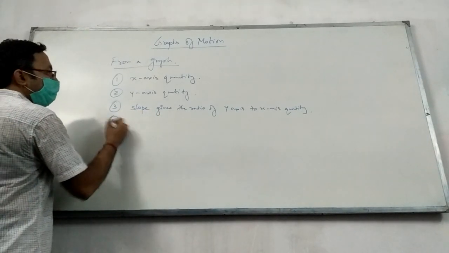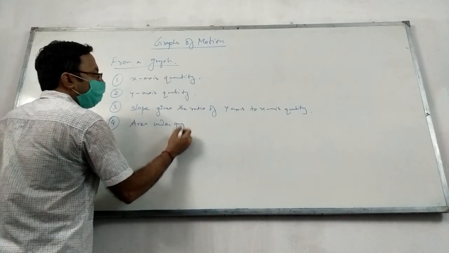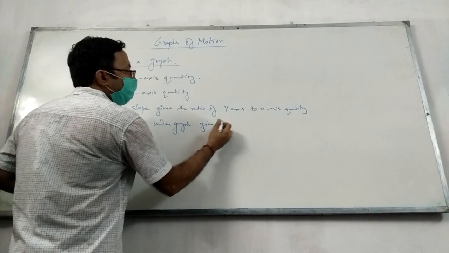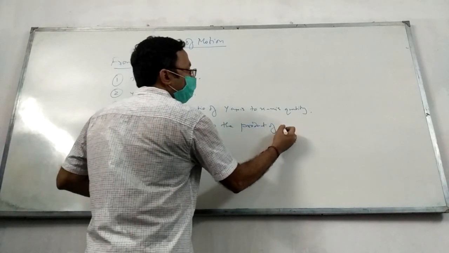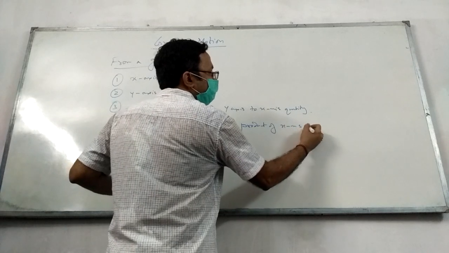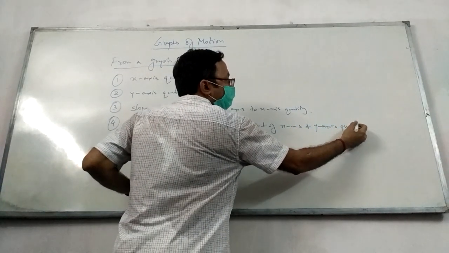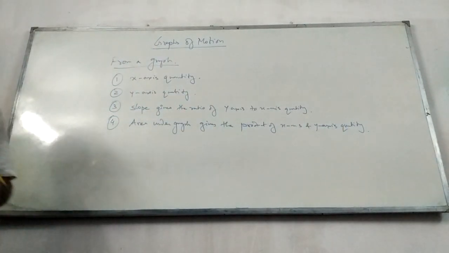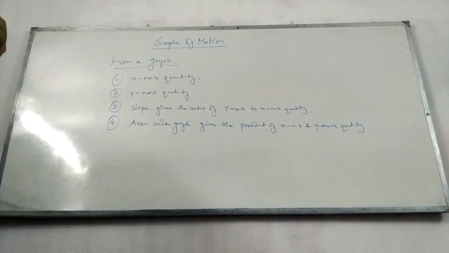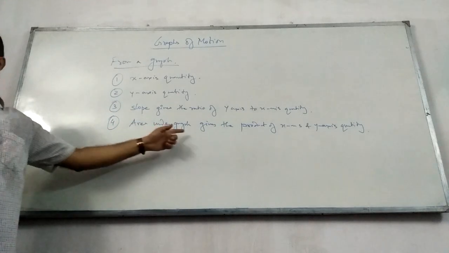And area under the graph gives the product of x-axis and y-axis quantity. So you have to be specific about what you want. If you want the quantity which is the product of x-axis and y-axis quantity, you find the area.